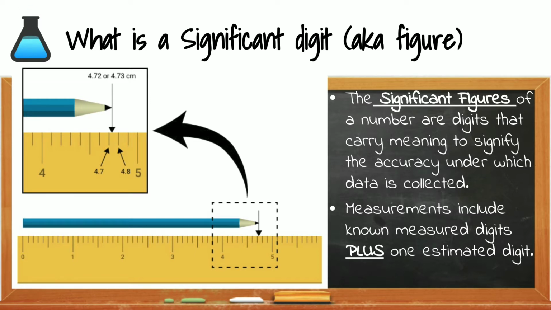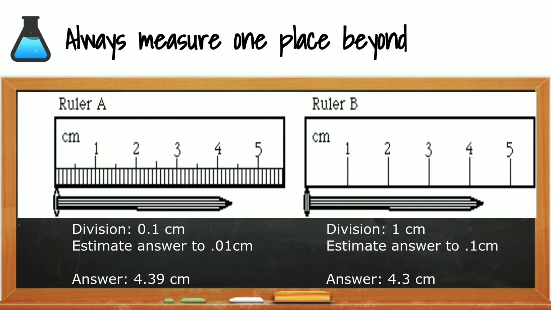So two acceptable measurements could be 4.72 or 4.73 centimeters. The estimate can vary from person to person. So again, when we measure, it's really important we measure one more place value than is seen on our instrument.